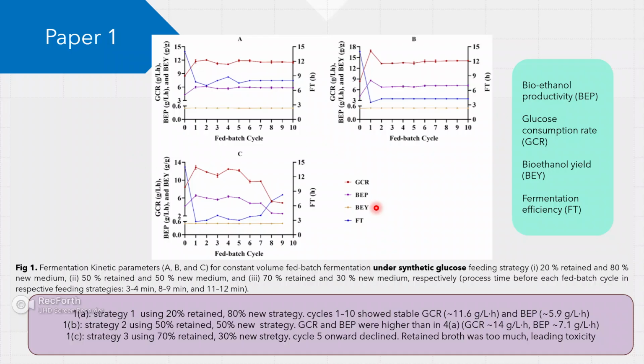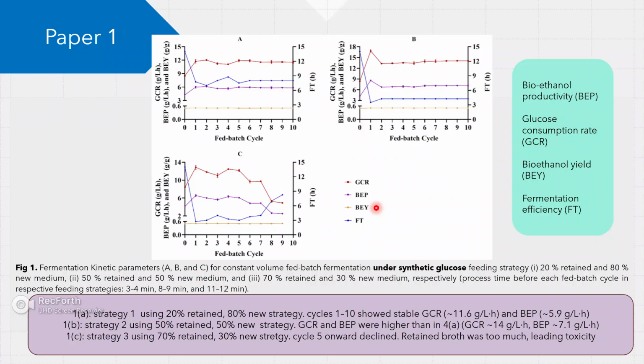The second one, strategy 2, uses 50% retained medium added with 50% new medium, and shows that the GCR and BEP were higher than in the previous strategy. The third one, strategy 3, uses 70% retained medium added with 30% new medium.